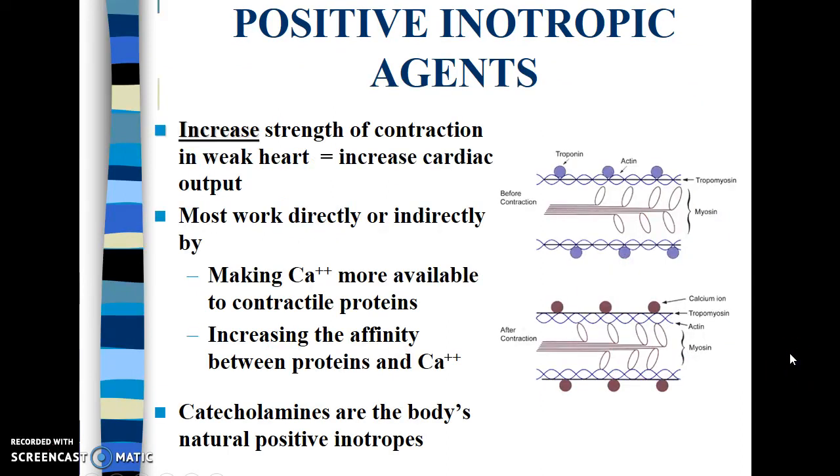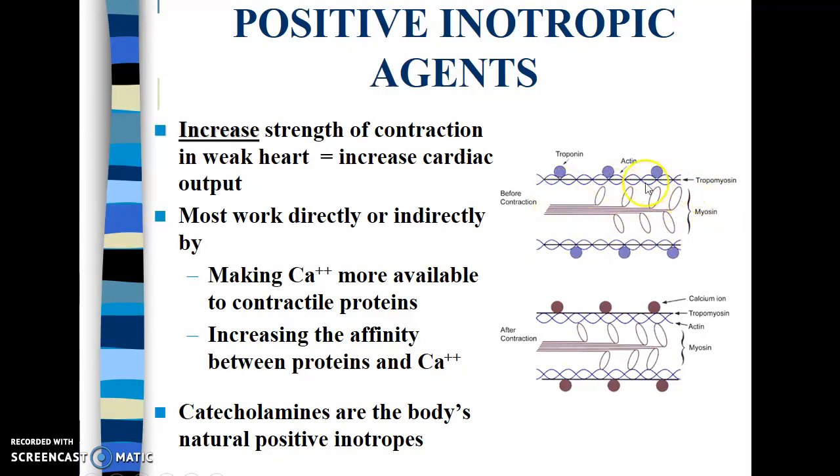So how do positive inotropes act? They basically act with calcium. So kind of the opposite of the calcium channel blocker, we're going to make this calcium more available or increase the affinity of it and the proteins that are in the little myofibrils.